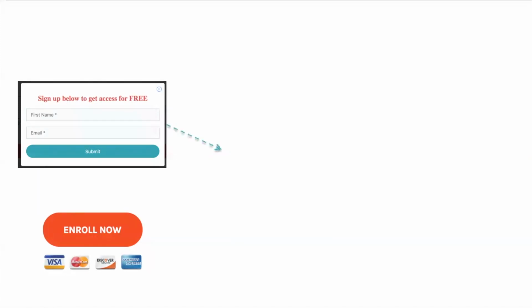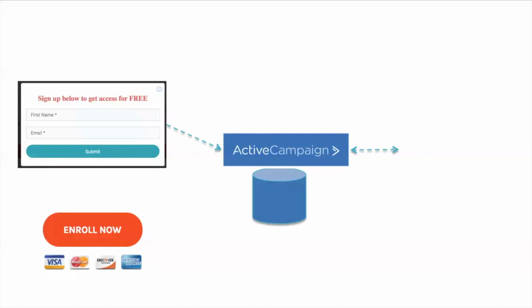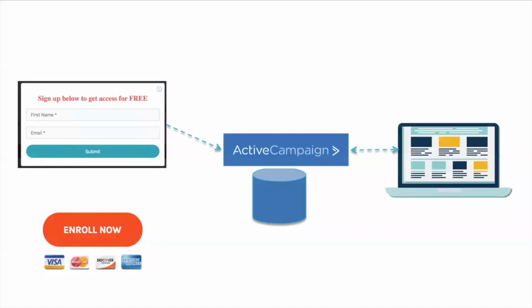The contact is then pushed into ActiveCampaign, and ActiveCampaign creates a tag automatically. You can create an automation sequence inside ActiveCampaign that will assign a tag, and the tags are actually controlling what content is accessible inside your membership website.